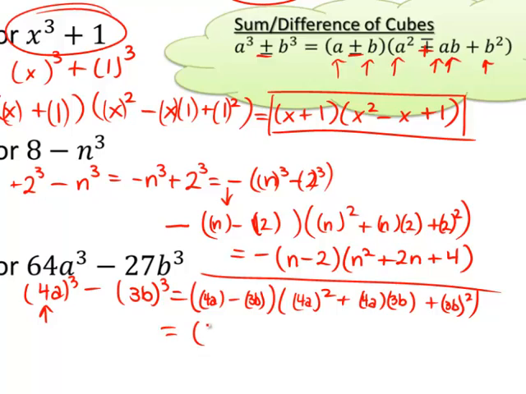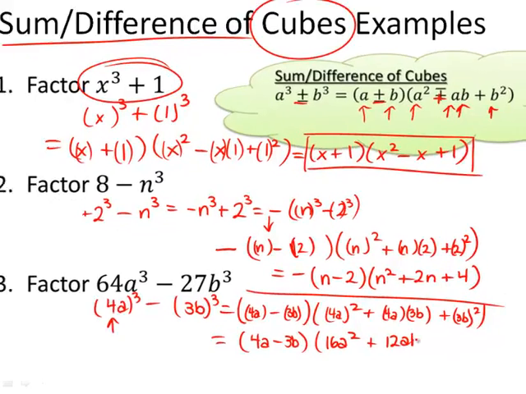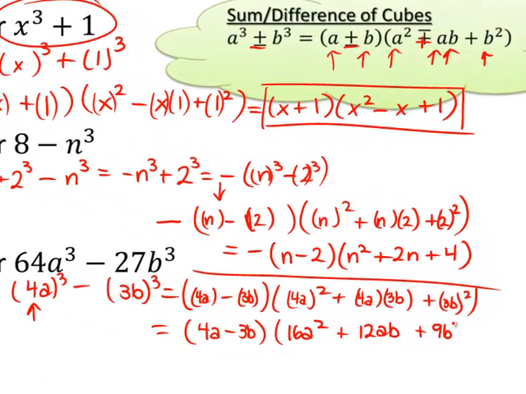Now let's simplify that. That gives us 4a minus 3b. And remember, this is why I'm writing the brackets, because we're taking 4a and squaring it, not just a and squaring it. So that'll be 16a squared plus 12ab plus 9b squared. And if you'd like, you can multiply that out and you should get this difference of cubes back again.